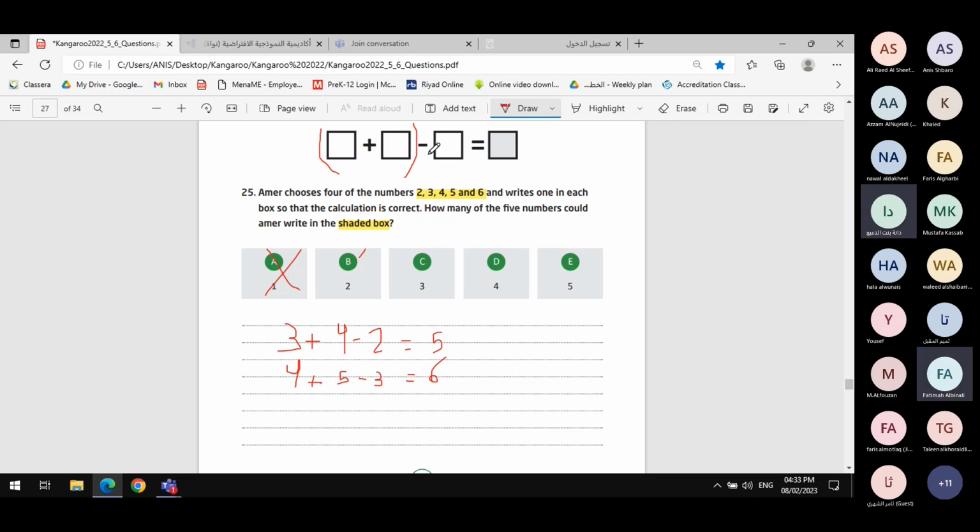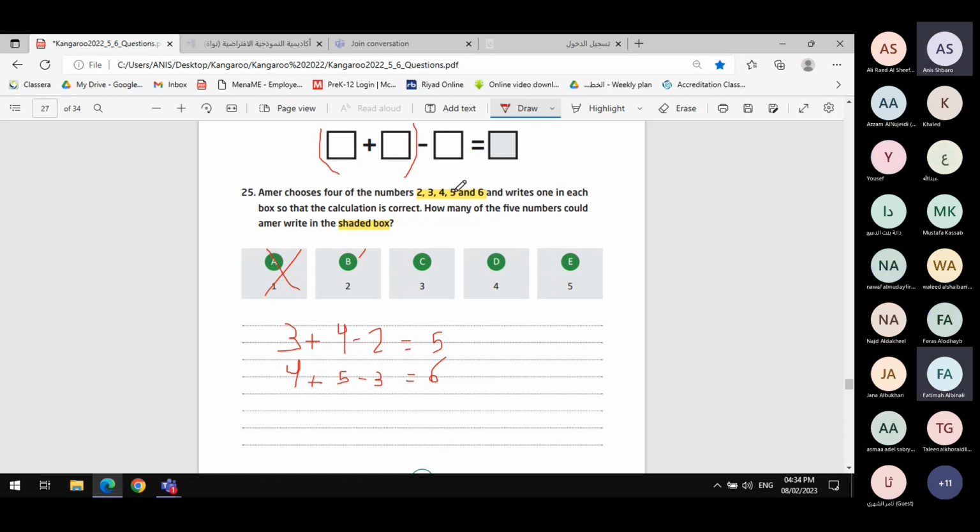Okay, so maybe something minus something will be equal to 2. Maybe 3 plus 4, plus 5 equals 2.